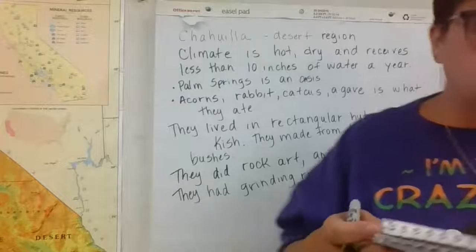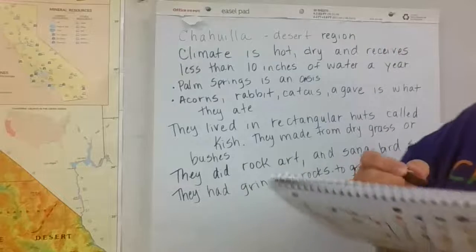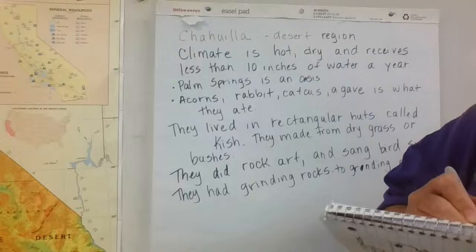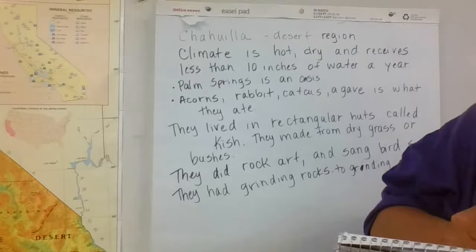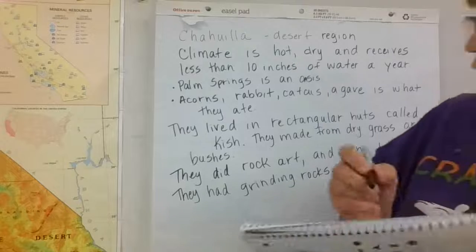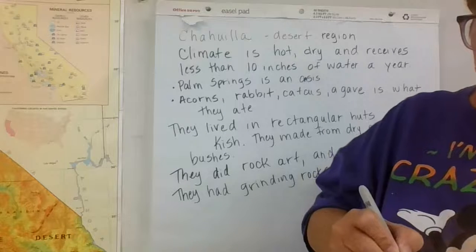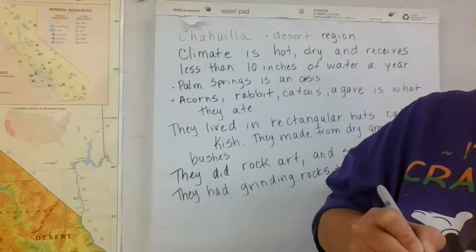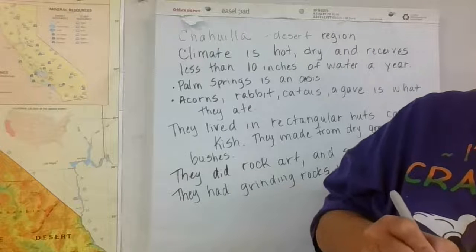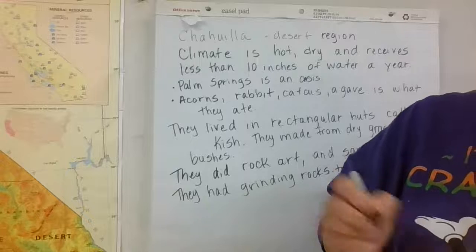So in our chart today, we're going to put that they are in the desert region, that they ate acorns. I'm seeing a pattern here of acorns and rabbit and cactus and agave.